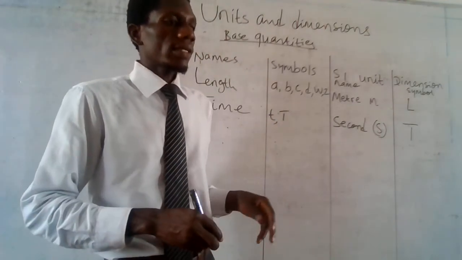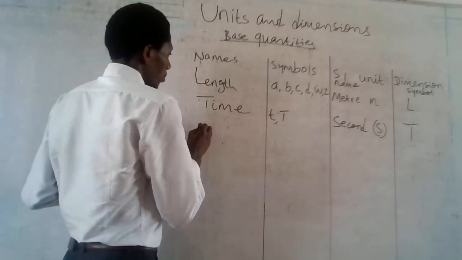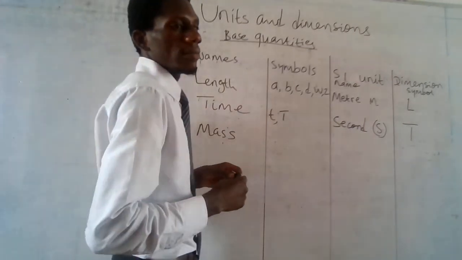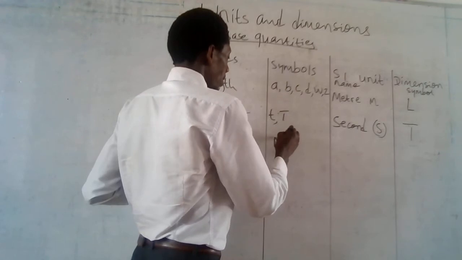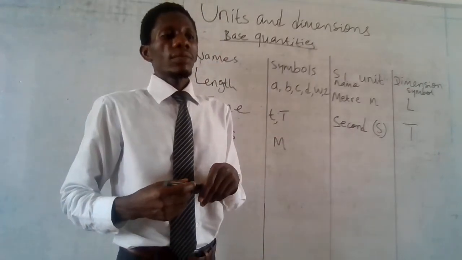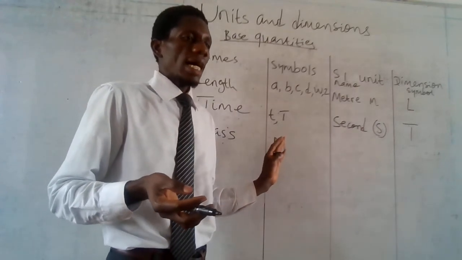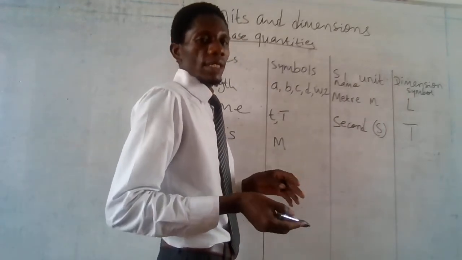That's the dimension symbol for time. And then we also have mass. Symbol for mass is M. And then the SI unit name for mass is kilogram.